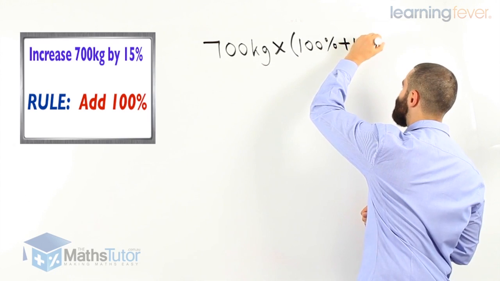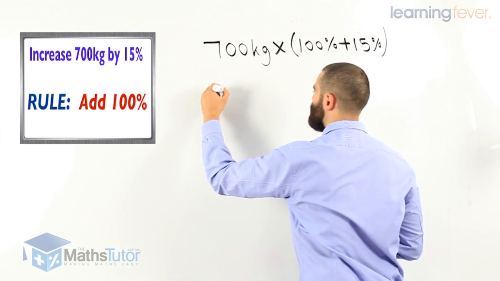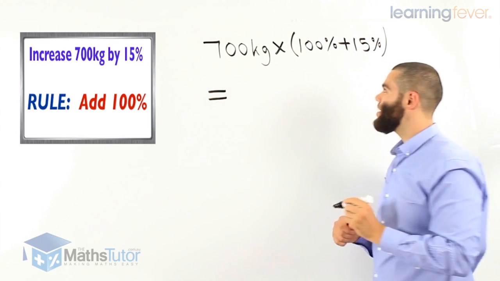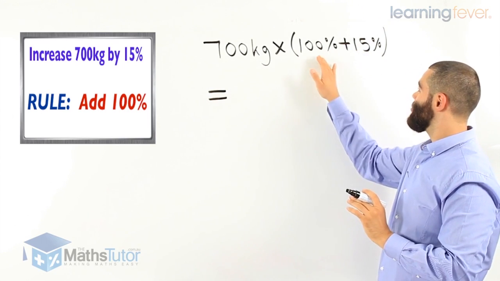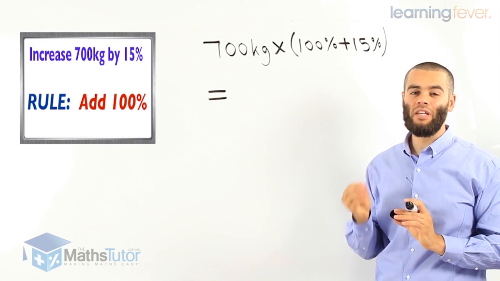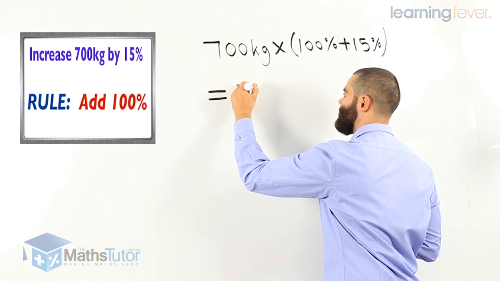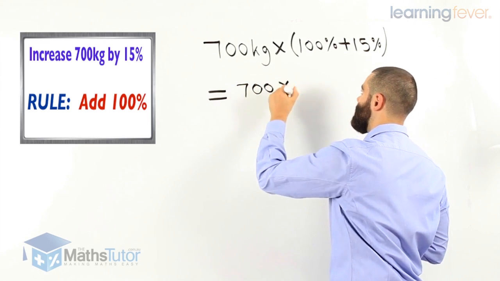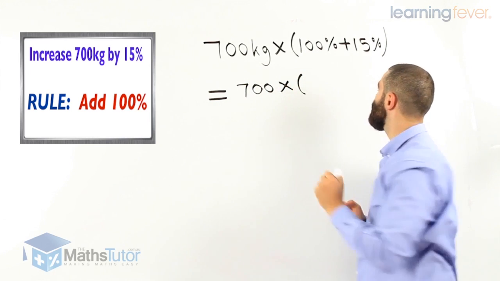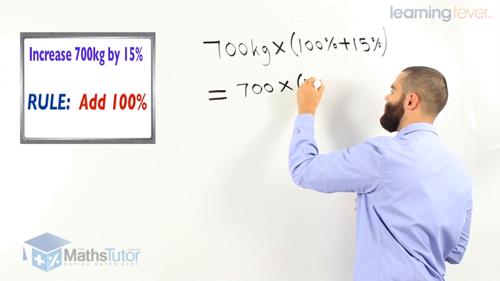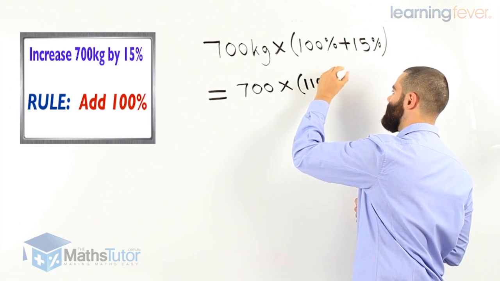That's the rule. 700 times 100% plus 15%. So to increase, we add 100%.